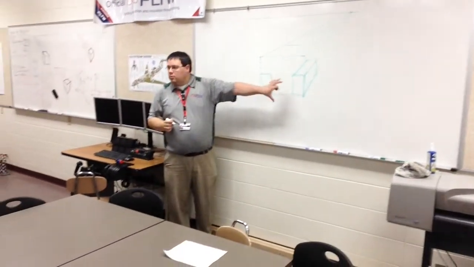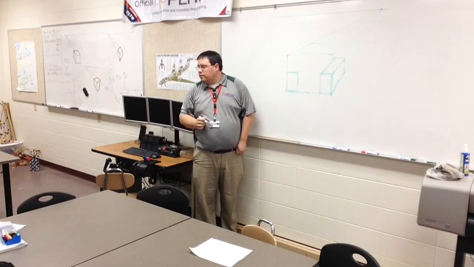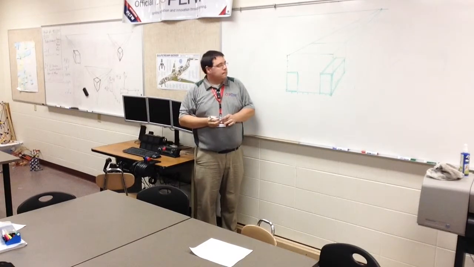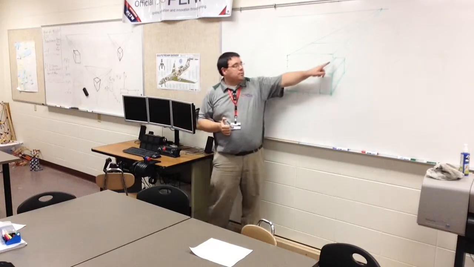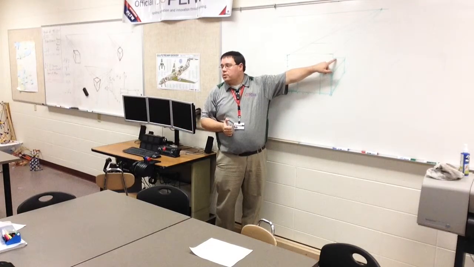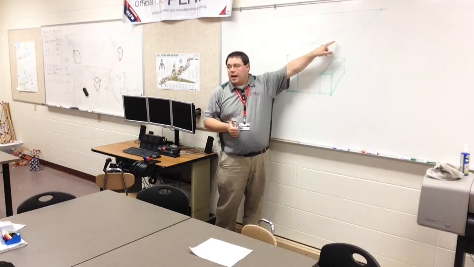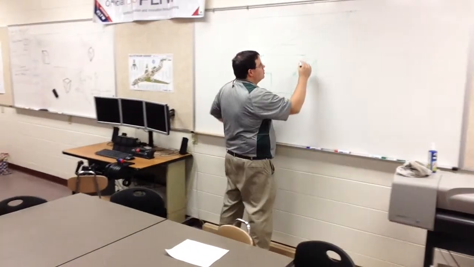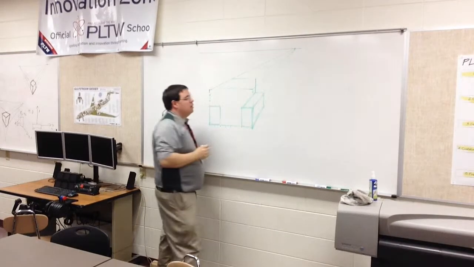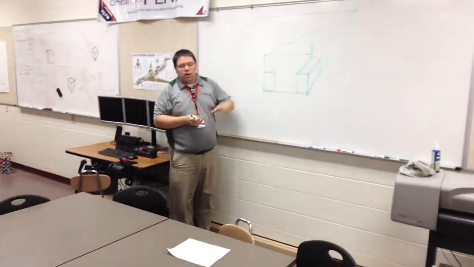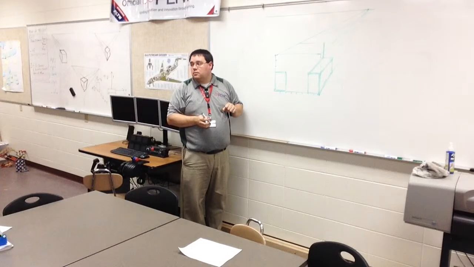So I've got that little box that makes up the right side of the figure. Now this corner here is an important one because that is a reference that I can take up to the top of the back. And that's going to tell me where the corner of the back is.